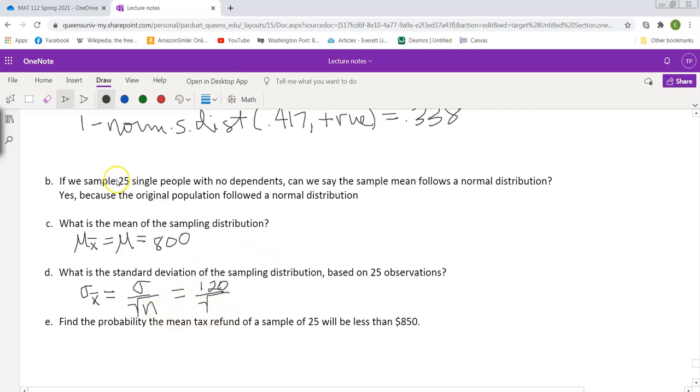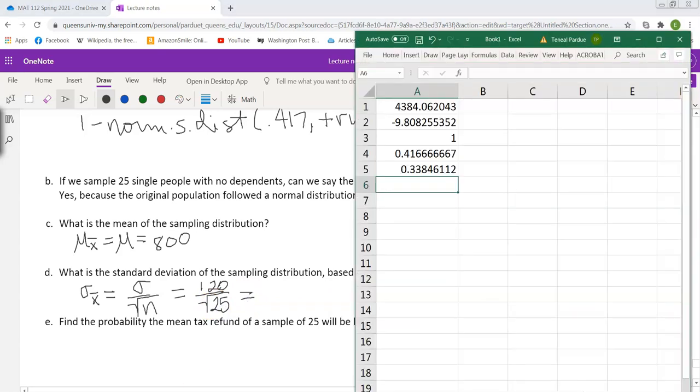And we know that the sample size here is 25. So we'll come over here and we'll do 120 over the square root of 25. And that comes out to be 24.